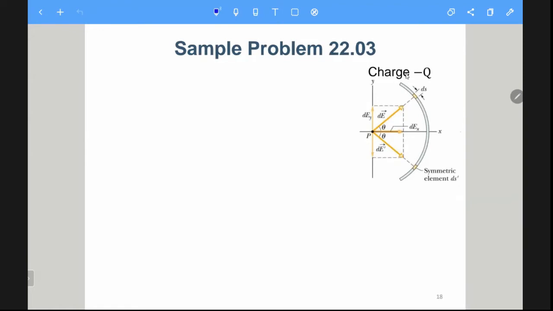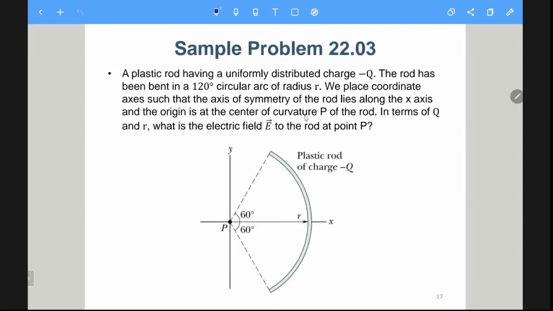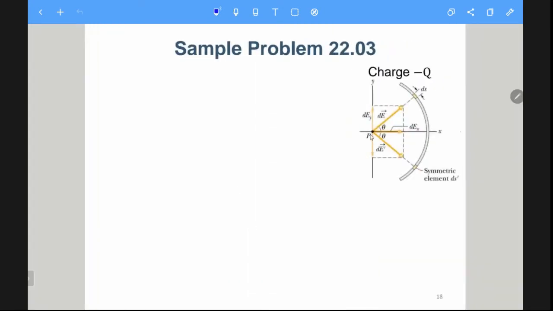Since it asks for the electric field generated at point P, which is the origin of the coordinate axis, we would like to find the E field at this point.